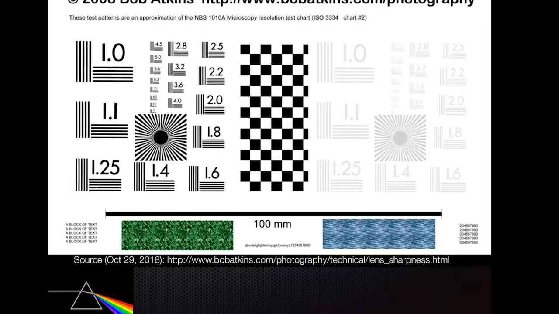And the idea is you go to this guy's website, you download this image, and you could print it or take a picture of it while it's displayed on your screen. And what you're looking at is the focus of these lines compared to the focus of those lines. And that is supposed to tell you how good your lens is at solving the astigmatism problem.